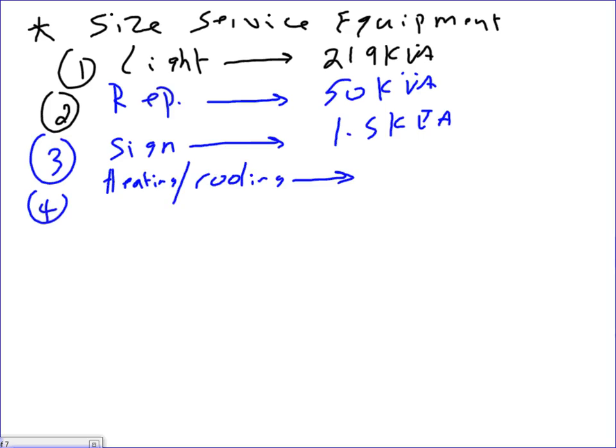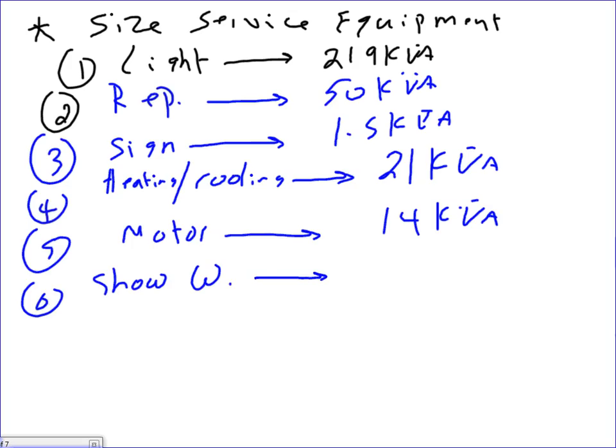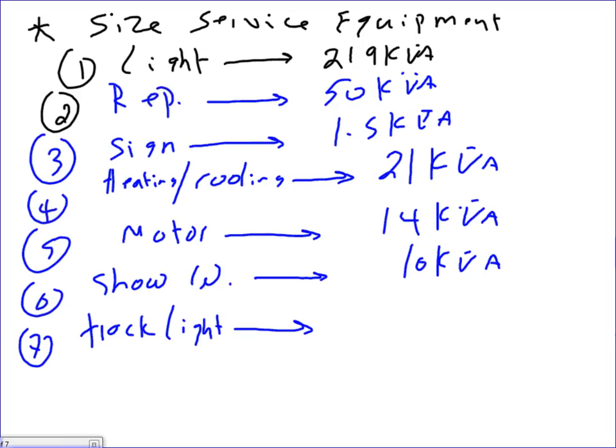What was the demand in this one? 21 kVA. Number 5, motors: I have 14 kVA. I'm just summarizing them, you don't have to do what I'm doing. Number 6, show window: I have 10K. Number 7, track light: I have 9K.